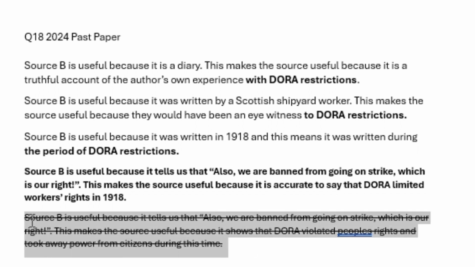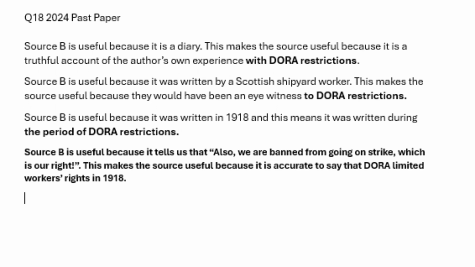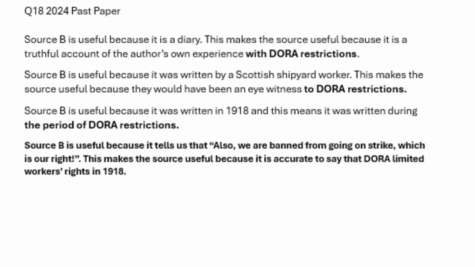Okay, so I'm just going to delete that for now. I've highlighted that. The last thing we need to do to get full marks here, to get a 5th mark, is to now maybe suggest the source is less useful because it's missed something out, so we can bring in our own knowledge.